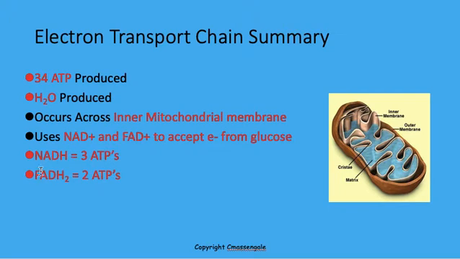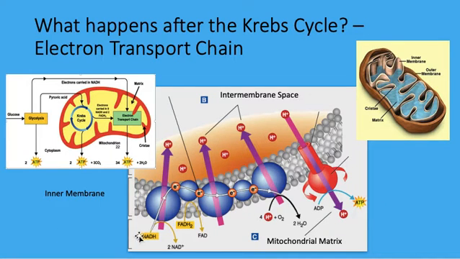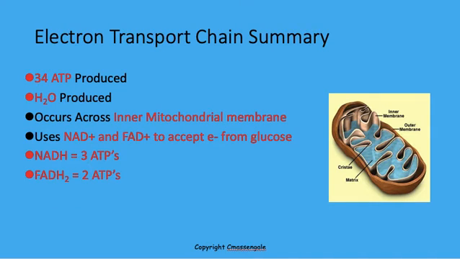NADH gives us 3 ATPs, FADH2 gives 2 ATPs. I'm not too concerned that you can count those. One thing to note: NADH changes into NAD plus, and FADH2 changes into FAD.